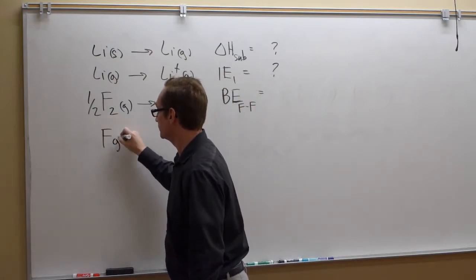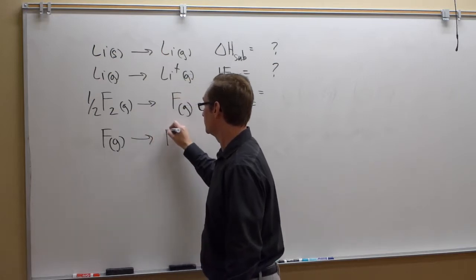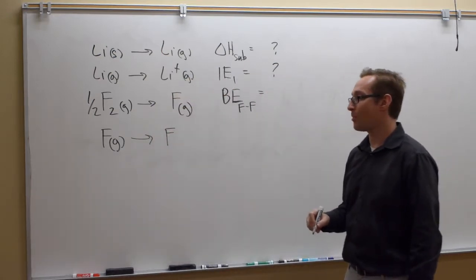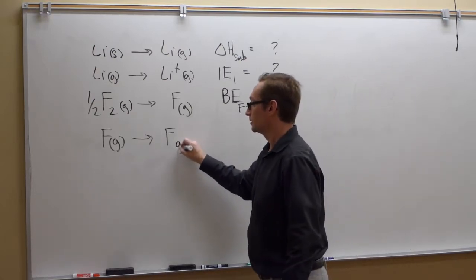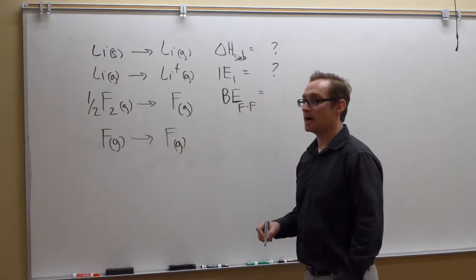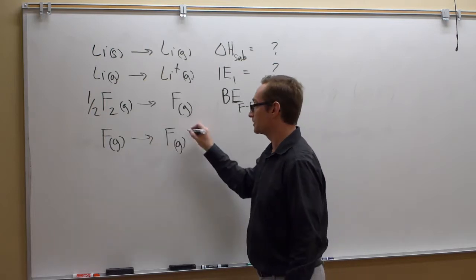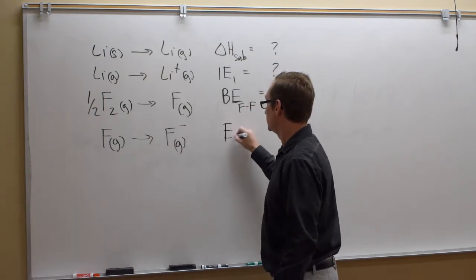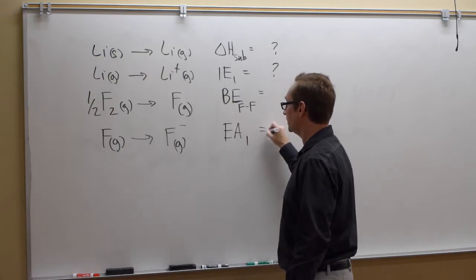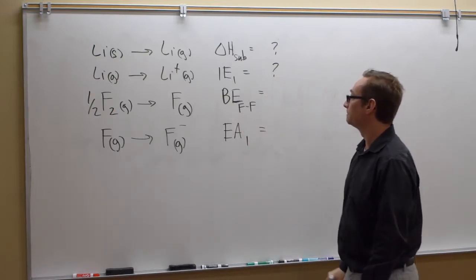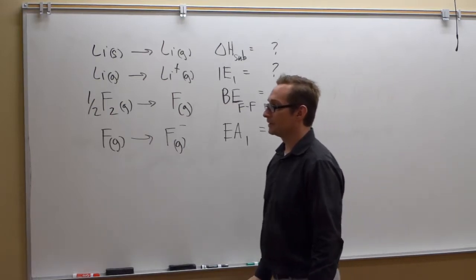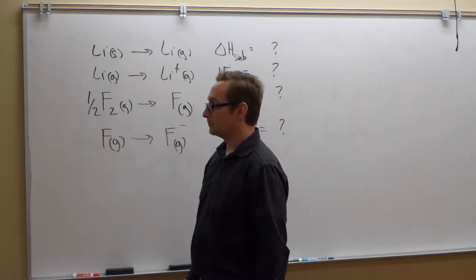That has to be ionized. But are we ionizing it or are we giving it an electron? It's the non-metal, so it's going to be gaining electrons, right? So it goes from F to F minus. So this is the electron affinity for fluorine. And then what's left?